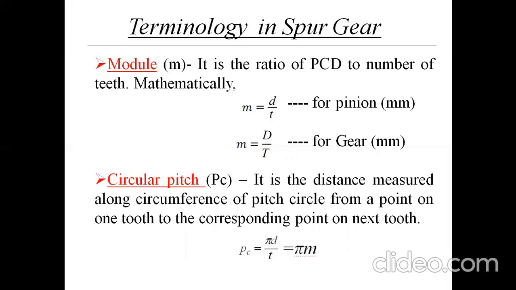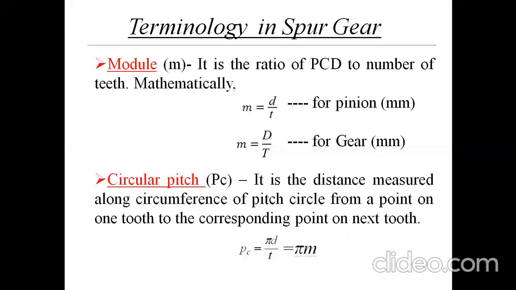For meshing the teeth of pinion with the teeth of gear, the value of module for both the wheels should be the same. Only then will the teeth of pinion and gear mesh with each other and transmit the motion and power.